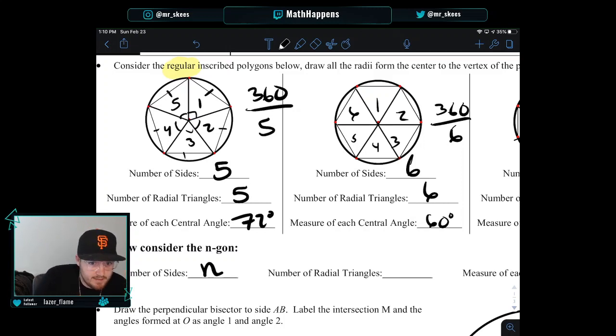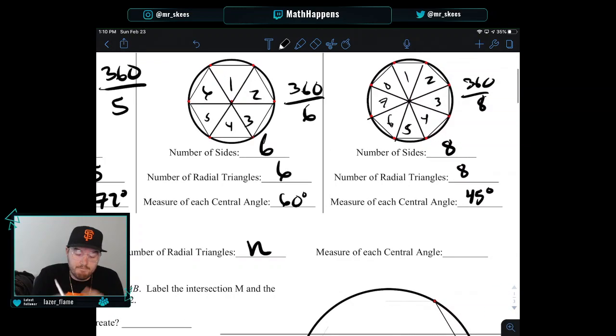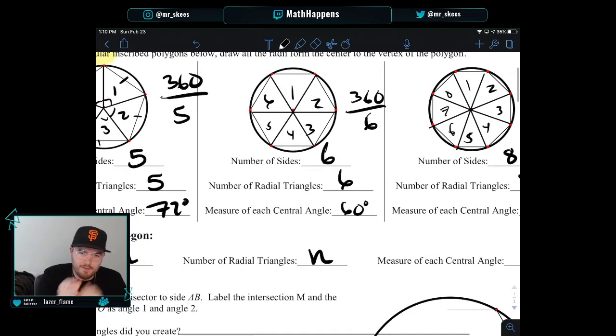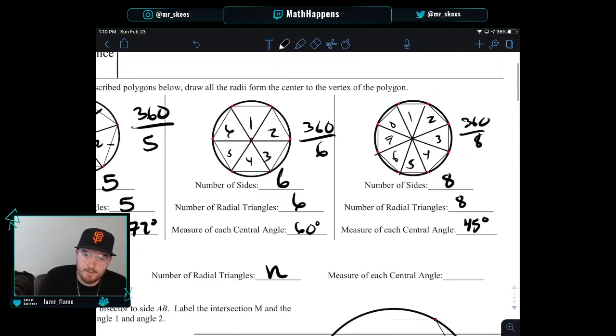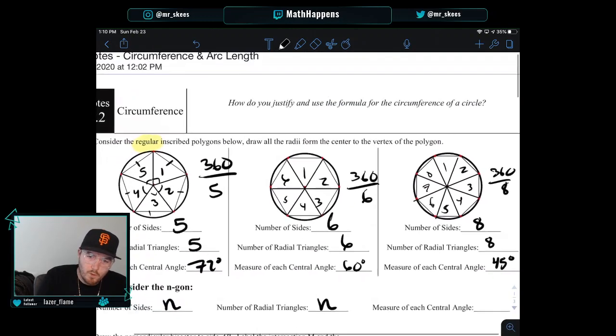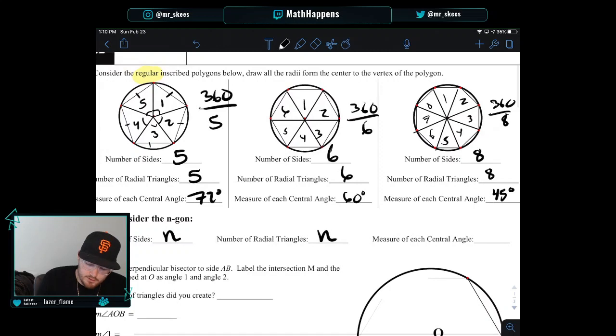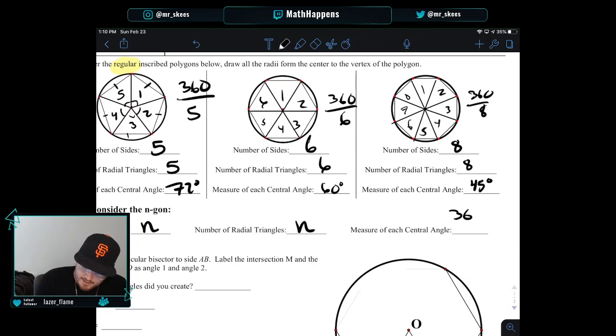The number of sides matches the number of radial triangles. And to find the measure of the central angles, we were taking 360 and dividing by the number of sides, whether it was 5, 6, or 8. Well, the number of sides is n. So let's take 360 and divide it by n. We just generalized what we were doing right there.